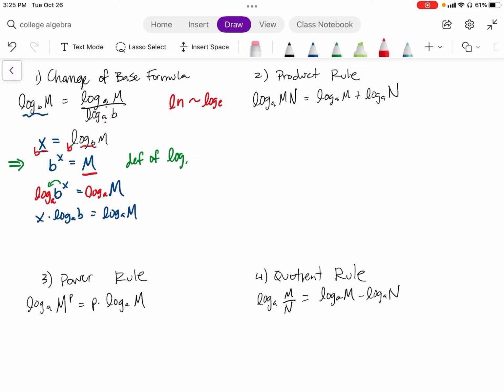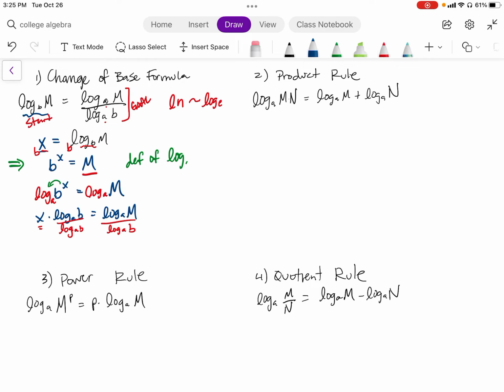I need to solve for x, so I'm going to divide both sides by log base a of b, log base a of b, and you could see we have what we originally were shooting for, the right-hand side of our formula. This is our goal. My goal is to end here. I want to start here and end there, and I did.